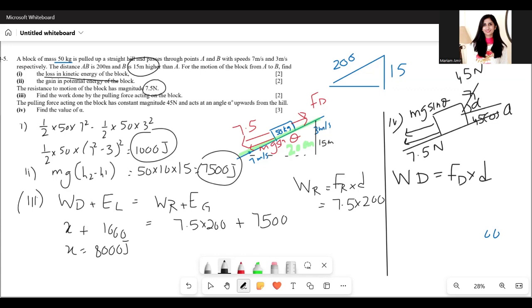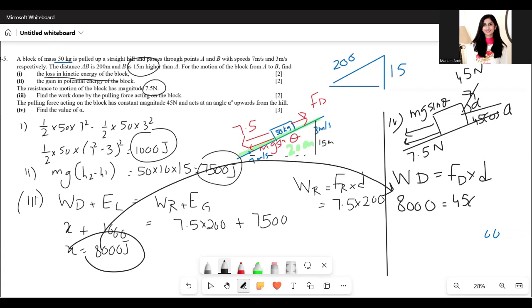We found the work done by driving force here, this is 8,000, which is equal to the driving force, the cos component of the force, which is 45 cos alpha, times the distance covered, which is 200.